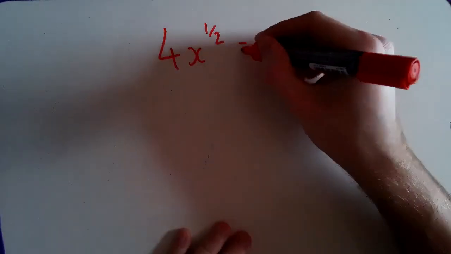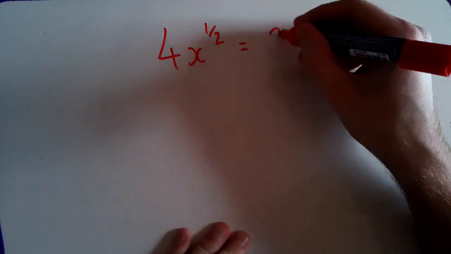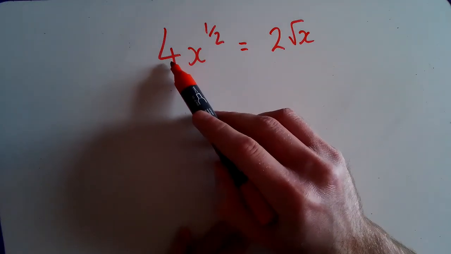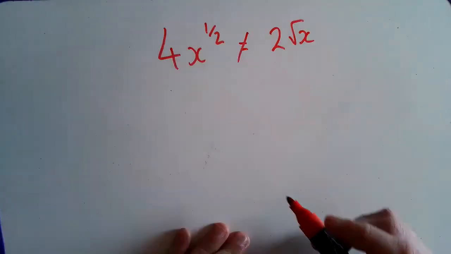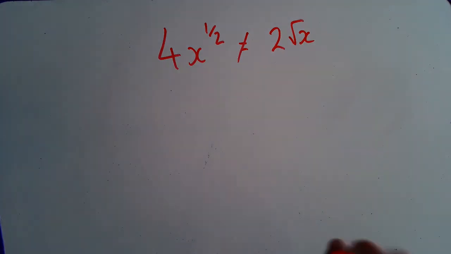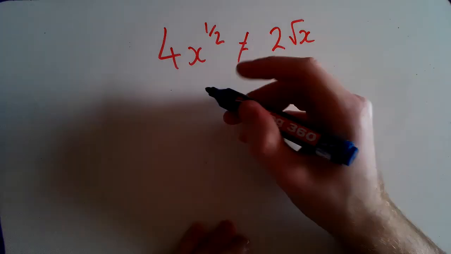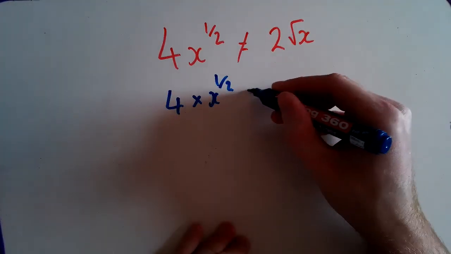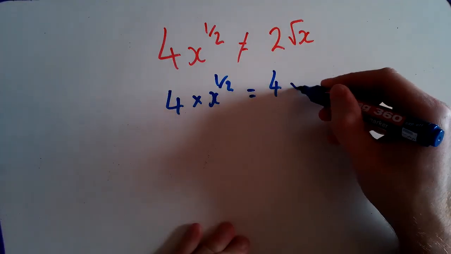I see people write that as 2 root x. They do that because it's square root 4 and square root x. That's not true. Again, the half is just with the x. So it's really 4 times x to the half. So that turns into 4 times root x.